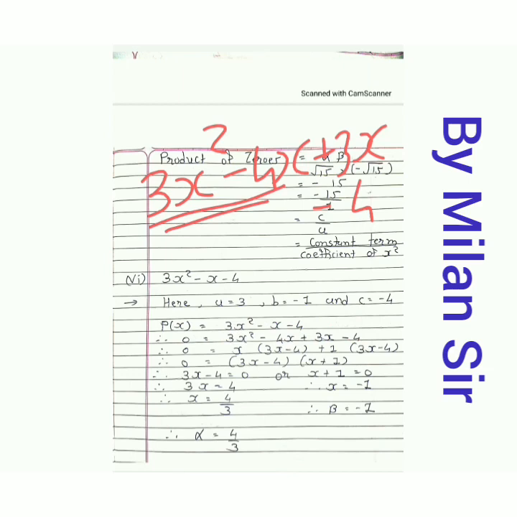So in 3 and 4 nothing is common, and from x square and x, 1x is common. So 1x is taken out, and the remaining part is 3x. Then minus sign is there, x is common, so the remaining is 4. Then similarly write down this bracket 3x minus 4 and look at the third term.